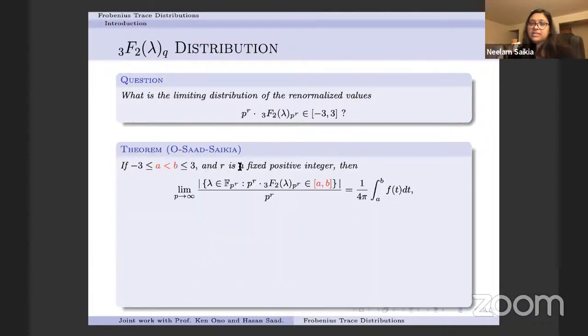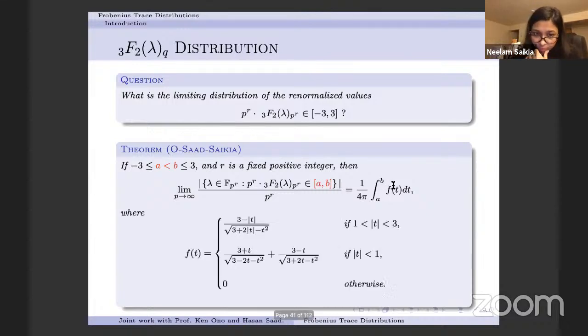Here we have our second theorem: if A and B are two real numbers lying between -3 and 3, and R is a fixed positive integer, then the limiting distribution of the renormalized value of this 3F2 function lying in the interval AB converges to this definite integral of f of t, where f of t is defined in this way.